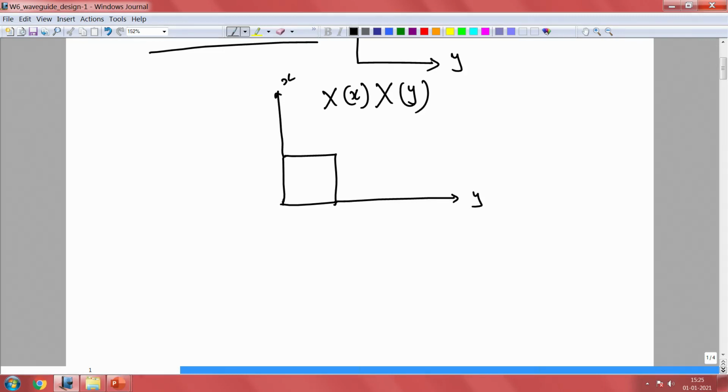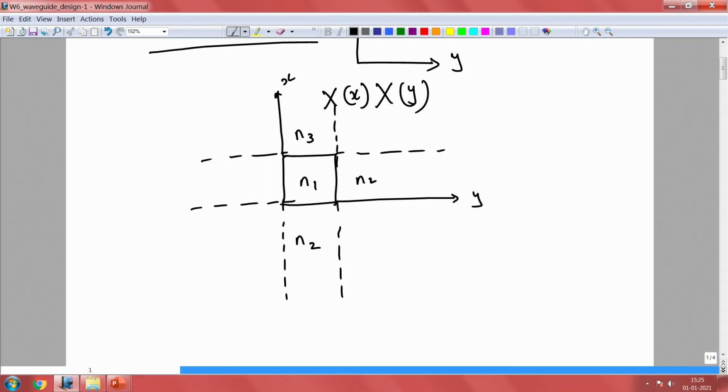If I look at this, then what I see here is I can have a region N1, and I could have multiple possibilities here, and I could have N2 here, and that could be N3, it could be N4 and N5.